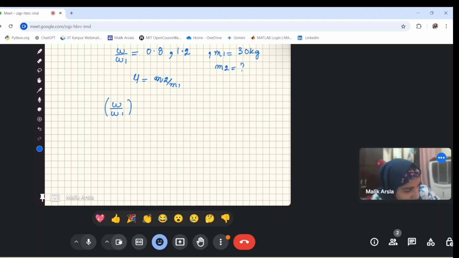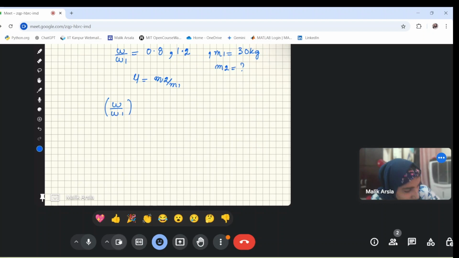If I take the square on both sides, it will be omega n square into m2 is equal to k2. So from here you can simply write k2 is equal to omega n square into m2.